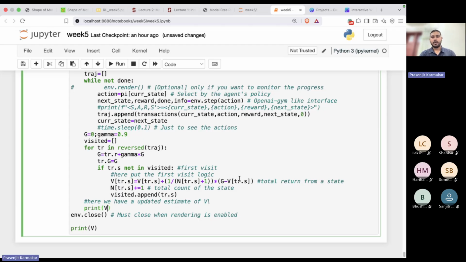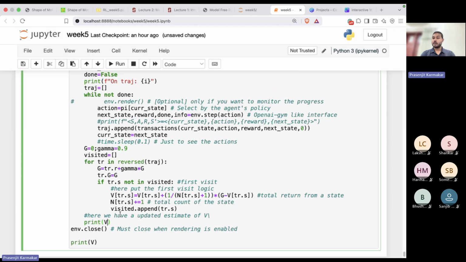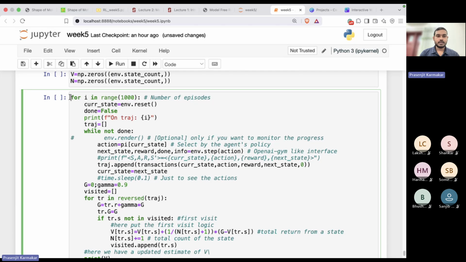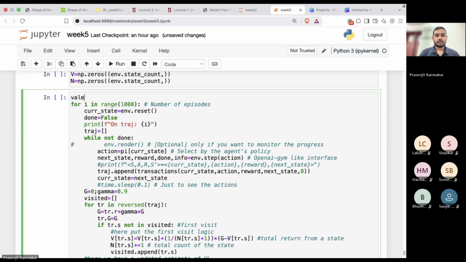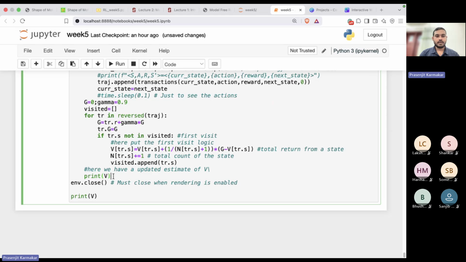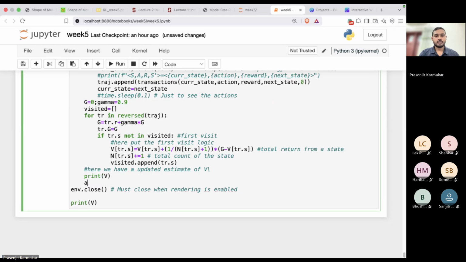Okay. Now we can also check whether it is converging or not, right? Now this is another advantage we have now. So here I can have values, right? And in values, I can append the L2 norm, right? np.linalg.norm of V, ord equal to 2.